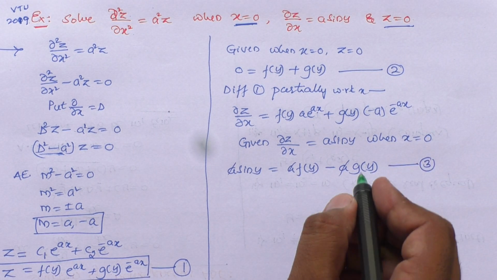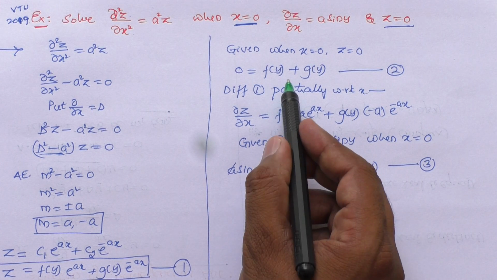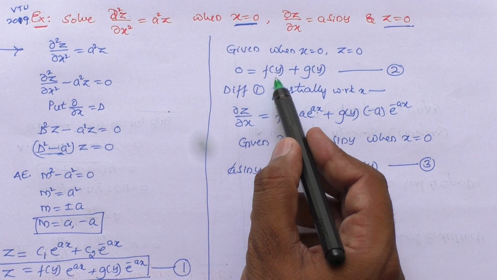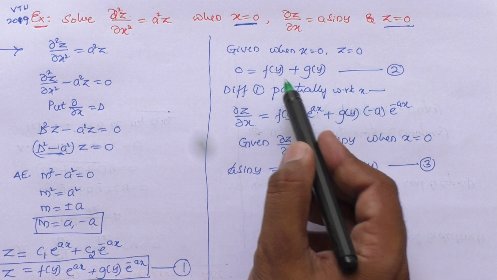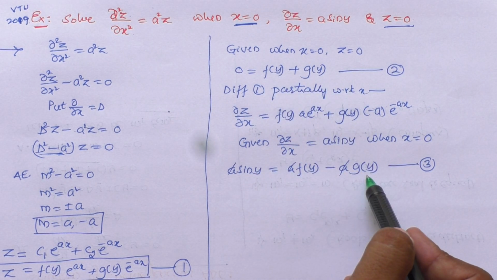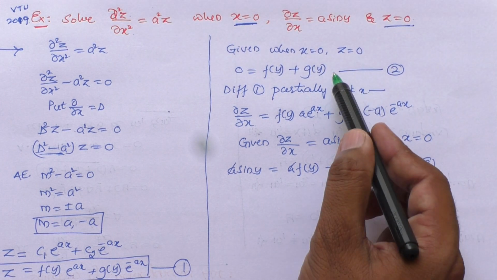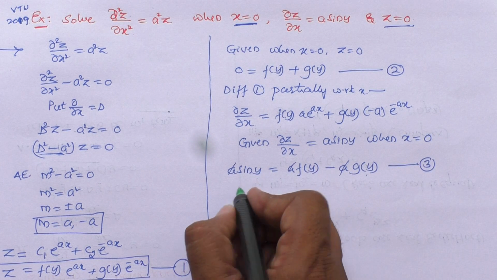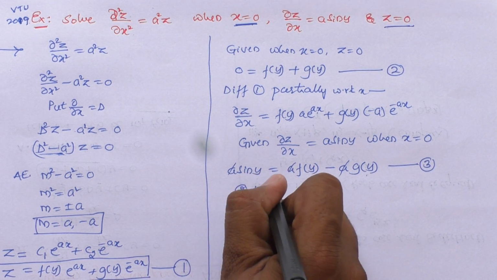Now using 1, 2 and 3 you need to get the expressions for f of y and g of y. We have f of y plus g of y and f of y minus g of y. When you add, g of y cancels and you get f of y. So add 2 plus 3.